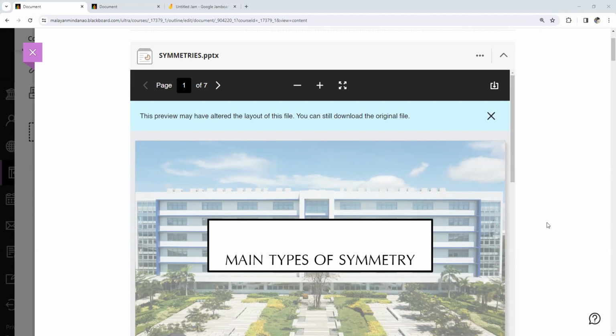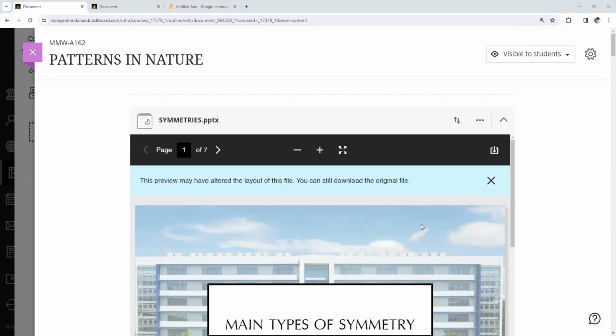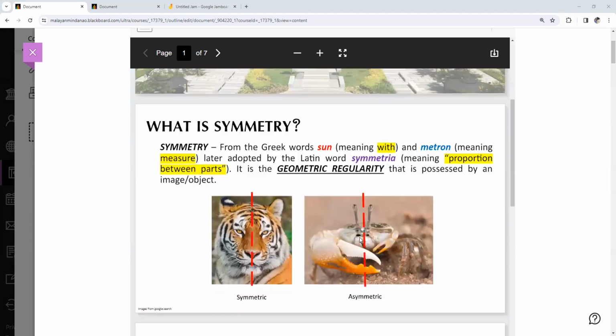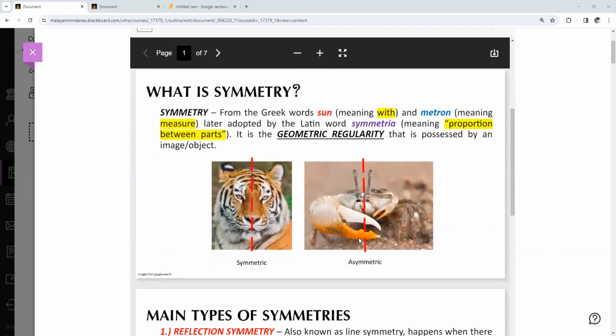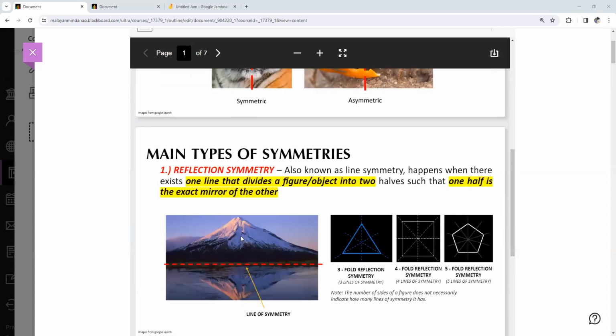So let's just look at the patterns that we see all around us. And in fact, we are able to invent words to describe these patterns. The first word that allows us to describe patterns is symmetry, which comes from the Greek word which means with measure, and it is the geometric regularity possessed by an image or object.